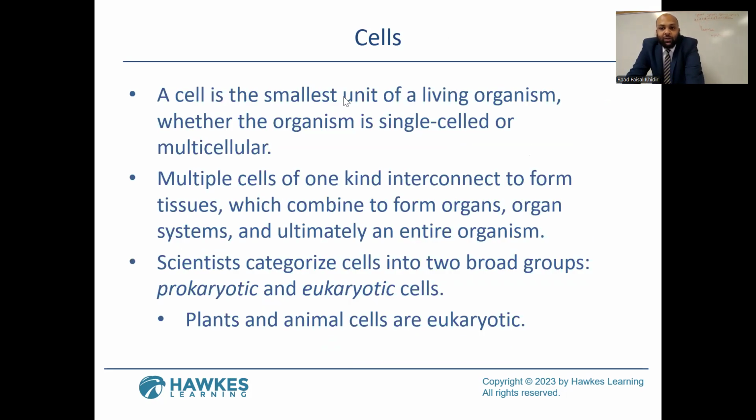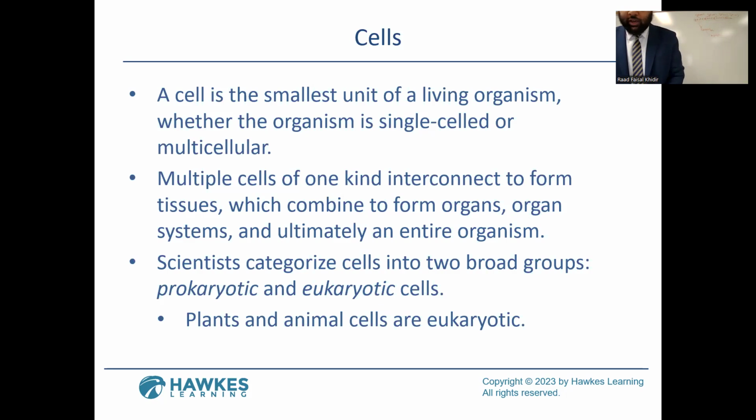Cells are the smallest unit of a living organism, whether the organism is single cell or multicellular. Multiple cells of one kind interconnect to form tissues, which combine to form organs and organ systems and ultimately an entire organism.